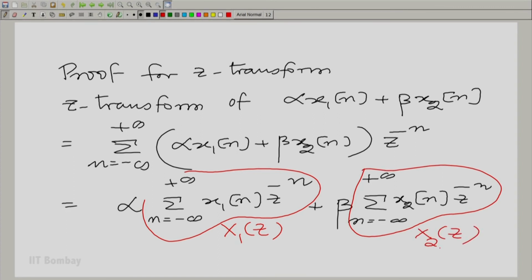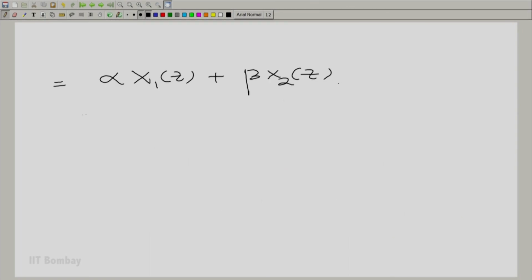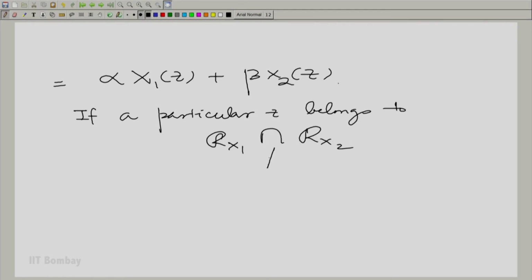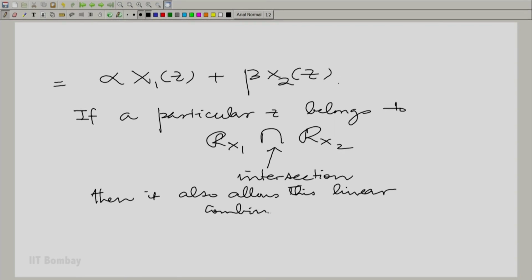So, this becomes alpha times capital X1 of z plus beta times capital X2 of z. Now, again, if a particular z belongs to the intersection, I am bringing in the symbol for intersection now. You know, this is the symbol for the intersection of two sets or two regions in this case. Then it also allows that linear combination to converge. And so, we have proved that at least the intersection is there in the region of convergence.